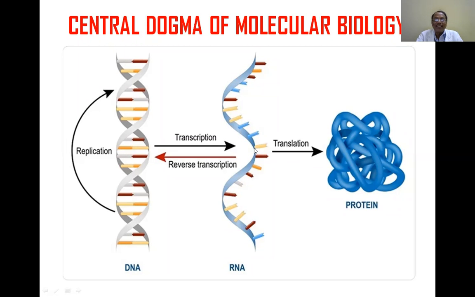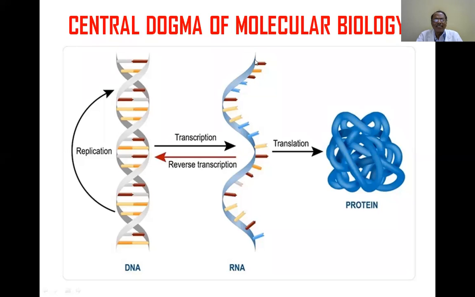We found various viruses, and these viruses are not obeying this. They have the capability to produce a DNA from an RNA. Where? In a cell. Which cell? In the cell of the host.